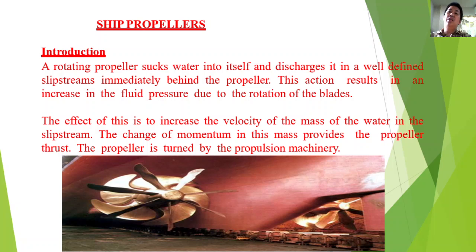It is the same principle here. The air is sucked at the back of the electric fan and discharged towards you. But here, as the propeller rotates, because of the pitch of the propeller, it will create thrust. That thrust will move the ship. So that is the ship propeller.